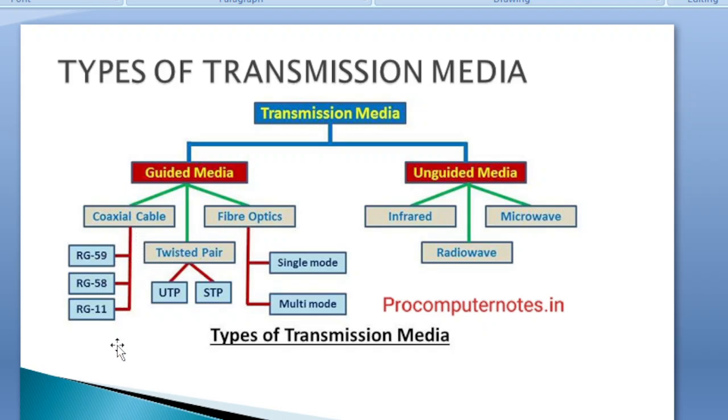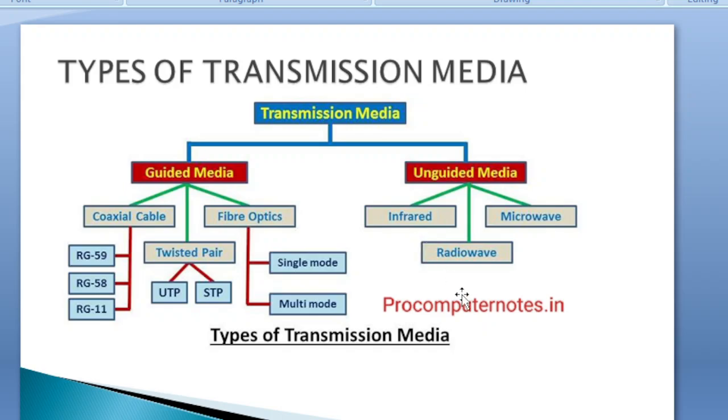Coaxial cable examples are RG59, RG58, RG11. Twisted pair cable examples are UTP and STP. Fiber optic cables are of two kinds: single mode and multi mode cables are available. Unguided media, we all know, are infrared waves, radio waves, and microwaves.